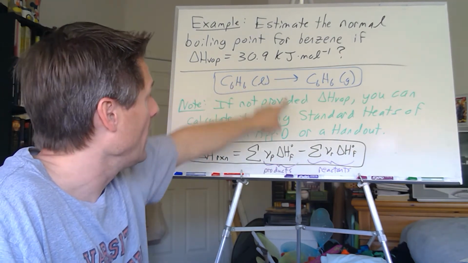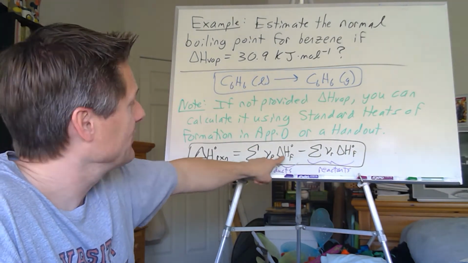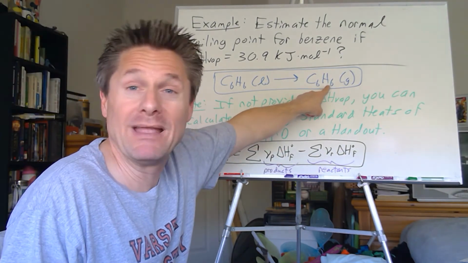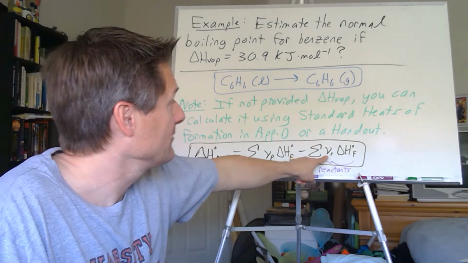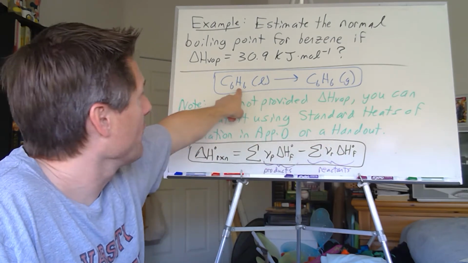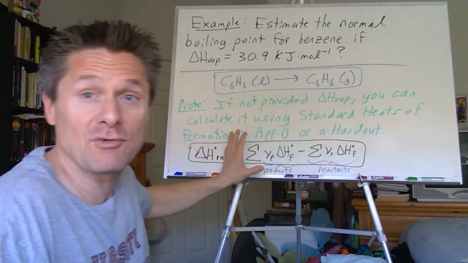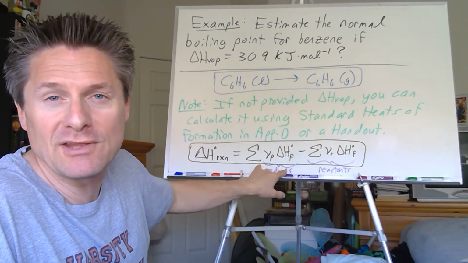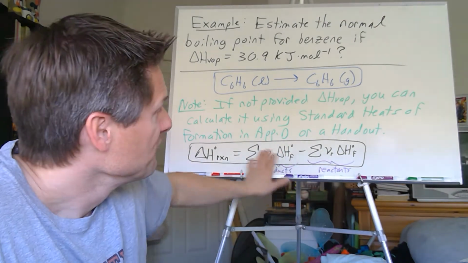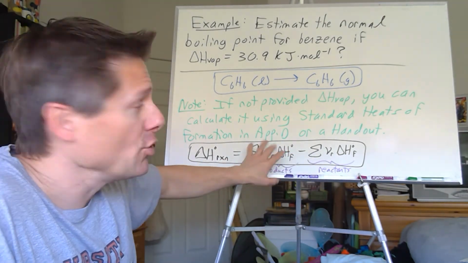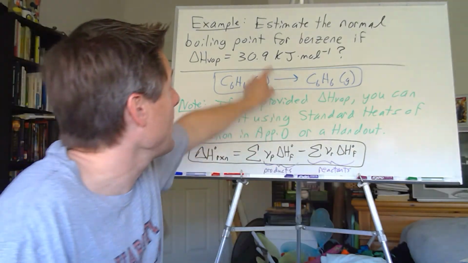So these would both be 1. In this case, I'd take 1 times the standard heat of formation for benzene in the gas phase, minus 1 times the standard heat of formation for benzene in the liquid phase, products minus reactants. And if you had multiple products, you just add those together, and multiple reactants, add those together. So that's all review. You can calculate that if you're not provided that.